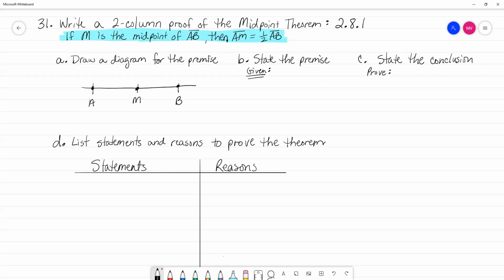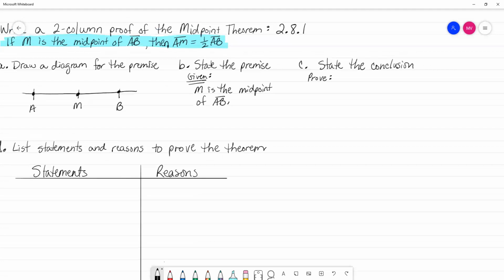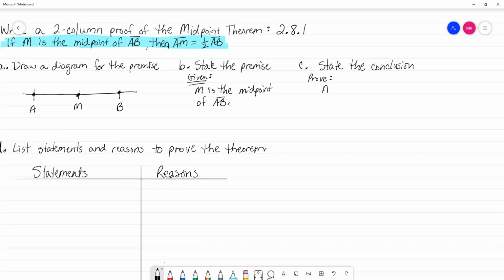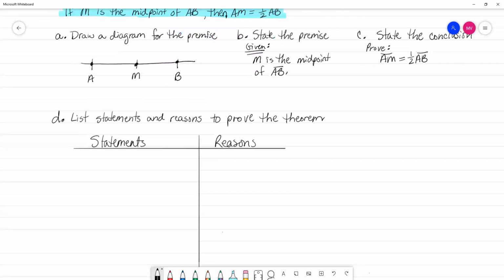It's given. And then we're asked to prove that AM is equal to 1/2 of line segment AB. All right, so that's what we're proving.